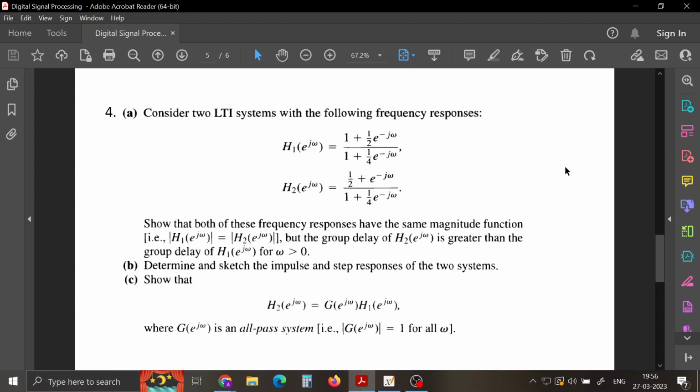So the mod of capital H1 of e power j omega is equal to mod of capital H2 of e power j omega. They have the same magnitude response, but the group delay of the second filter is greater than the group delay of the first filter for omega greater than 0. That we have to prove.